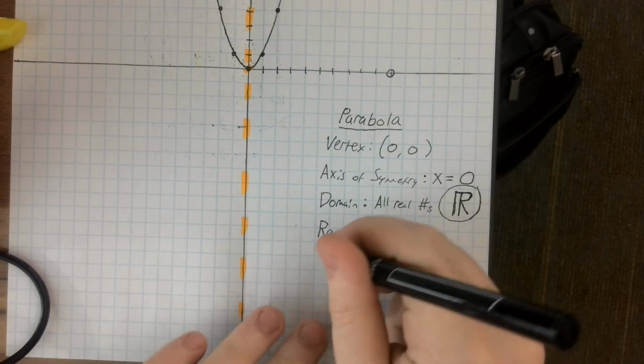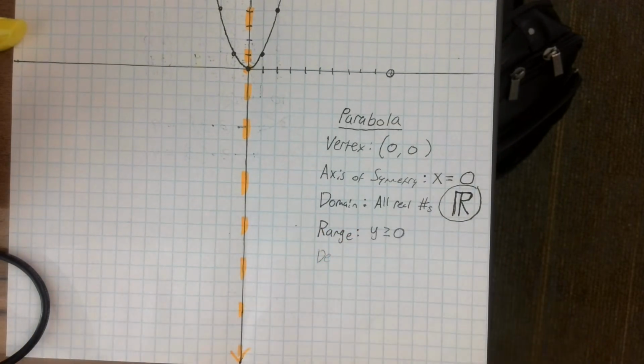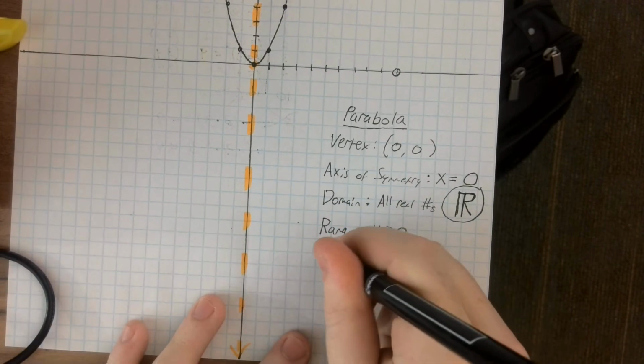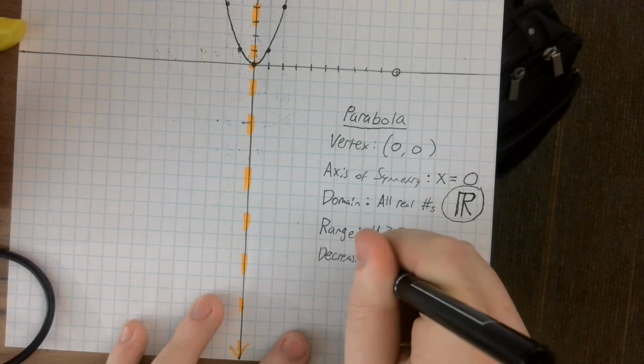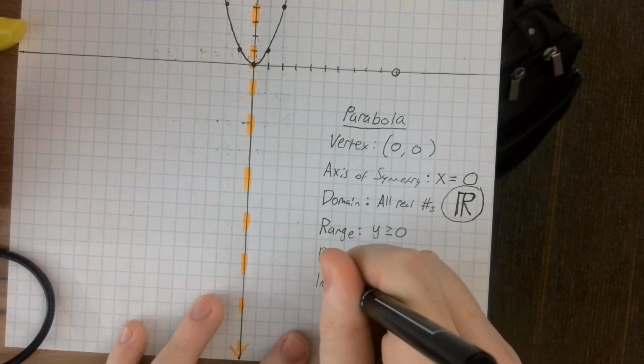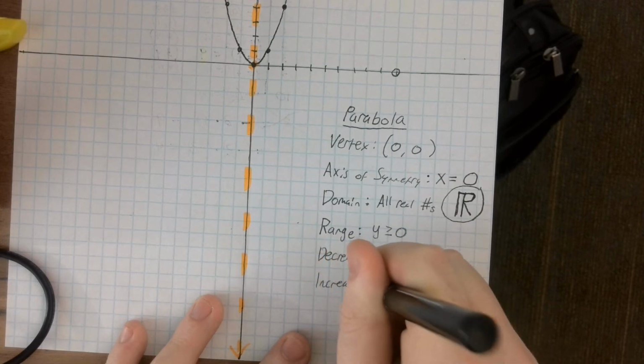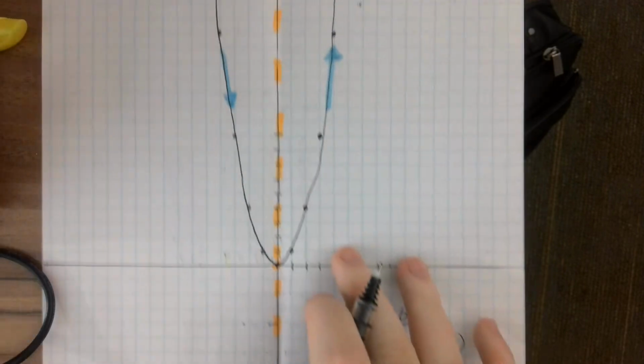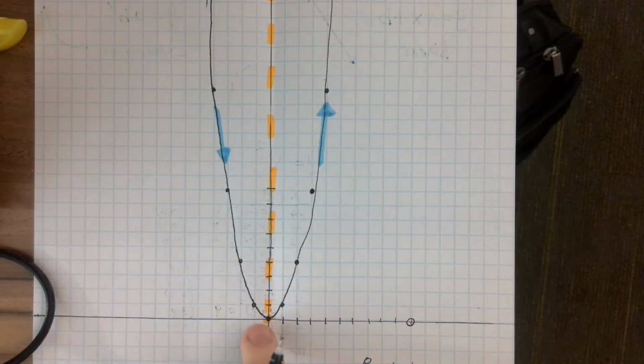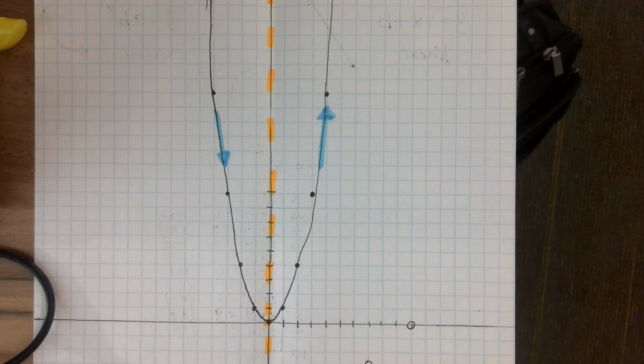We will also want to discuss where our parabola is decreasing and increasing. We also want to be able to point out where the parabola is decreasing and increasing. Well, it's decreasing everywhere below or to the left of this middle point. And where is this middle point? Well, it's at 0.